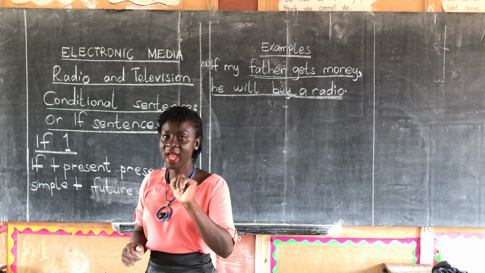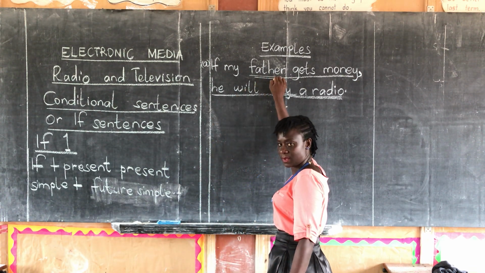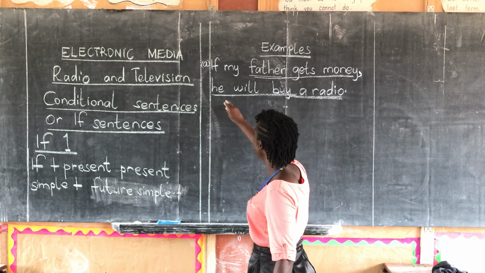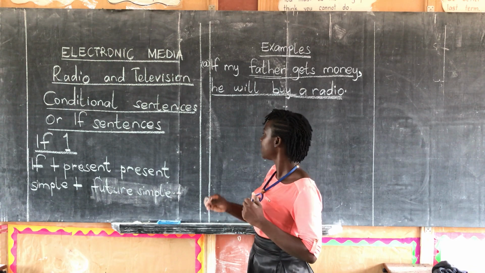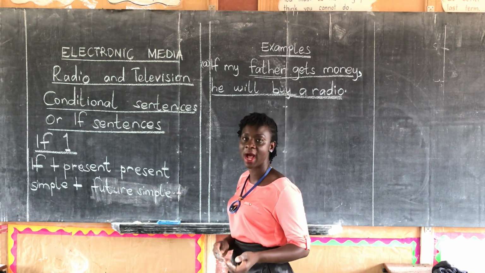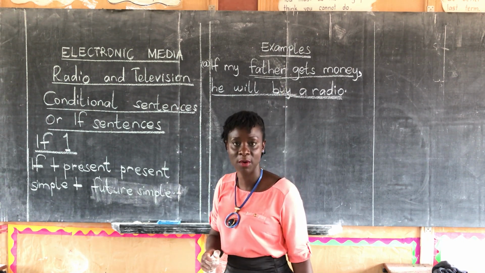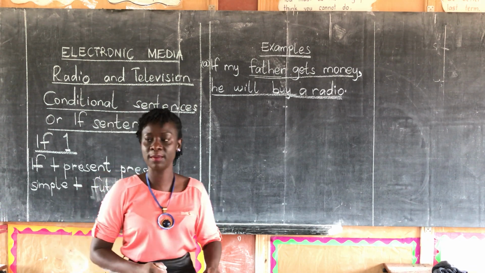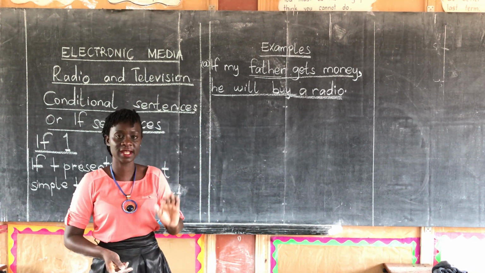That clause where we have the word if is called the if clause. Then this one here is called the main clause. We say that a sentence is in if one if the if clause is in the present simple and the main clause is in the future simple tense. I know that this we have already learned.